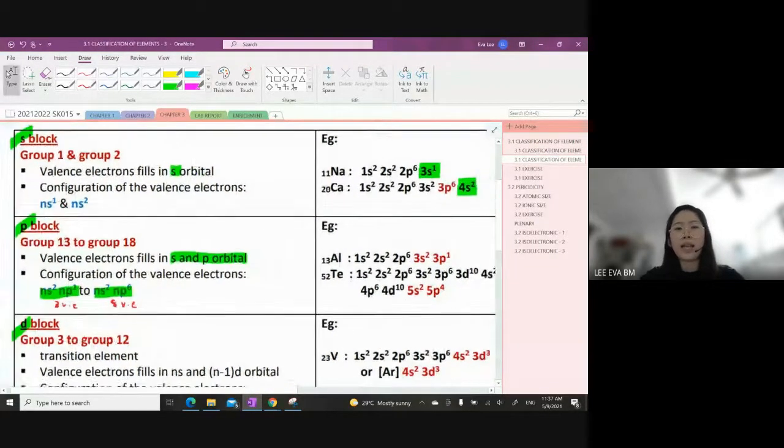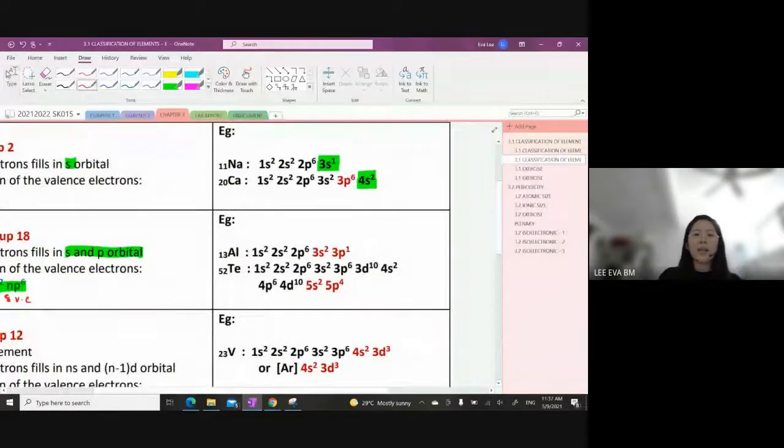If you look at the example on the side, aluminium has proton number 13, 13 electrons. So 1s2, 2s2, 2p6, then we have 3s2, 3p1. This is the valence electronic configuration. As you can see, the total number of valence electrons gives the group, which is group 13. And the last electron fills in the p orbital.